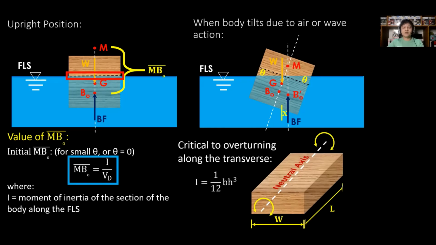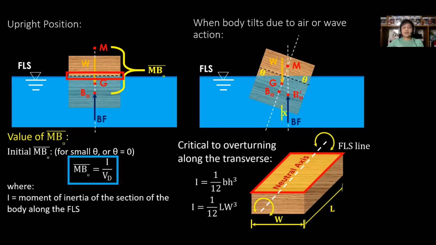Thus, an example for the moment of inertia, such as rectangular plane, it is equal to I, that is equal to 1 all over 12, times B times H raised to 3. Applying to the equivalent rectangular plane for section at free liquid surface line, I is equal to 1 all over 12 times, consider the side parallel to neutral axis, the axis of rotation.